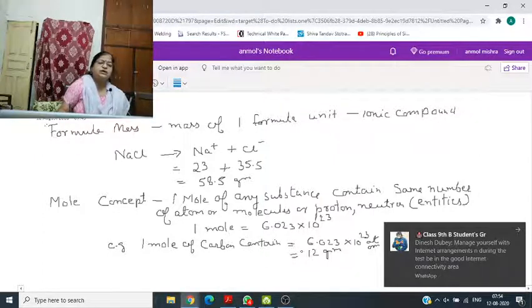It means 12 grams of carbon will contain 6.023 into 10 to the power 23 atoms, molecules, whatever you like.